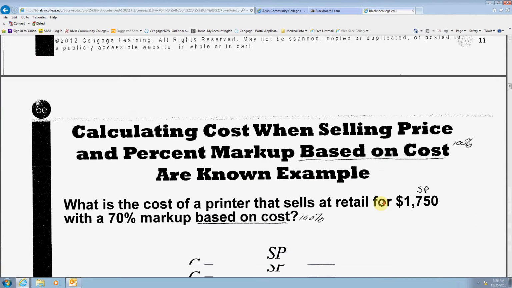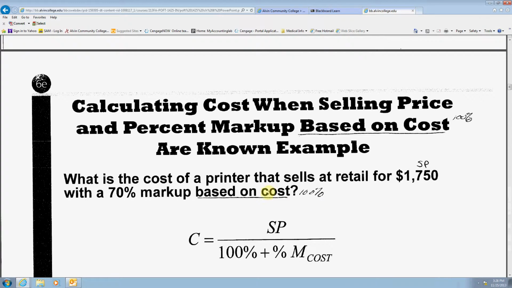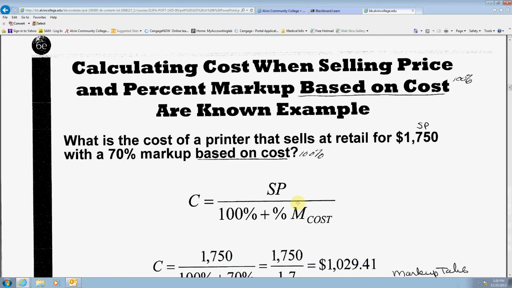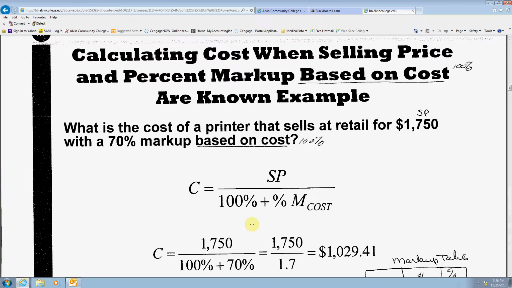The example that we're going to use is, what is the cost of a printer that sells at retail for $1,750? That's our sales price. With a 70% markup based on cost, 100%.